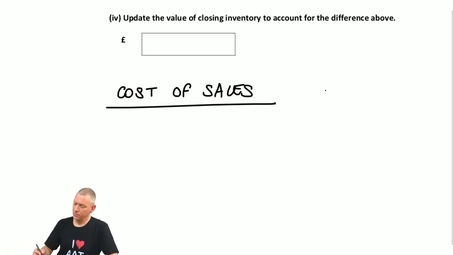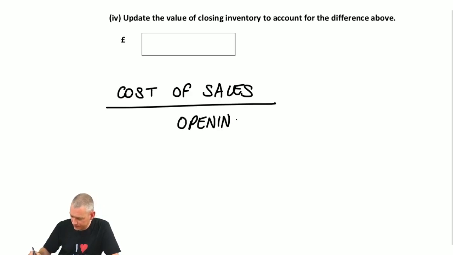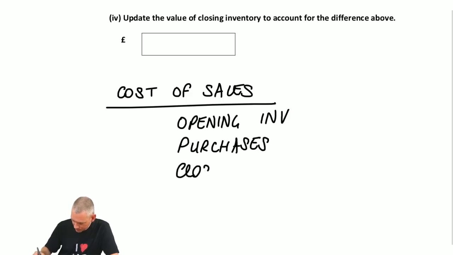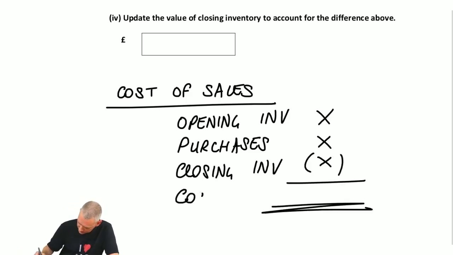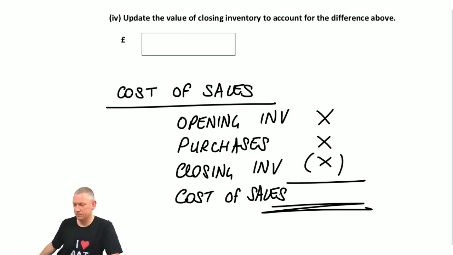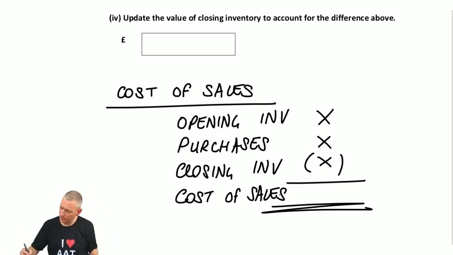There we go. Cost of sales is often described as the opening stock, opening inventory, plus the purchases, minus the closing inventory. So we add those numbers and deduct the last one, and the figure coming out at the bottom is the cost of sales. There it is, the cost of sales. There we go.